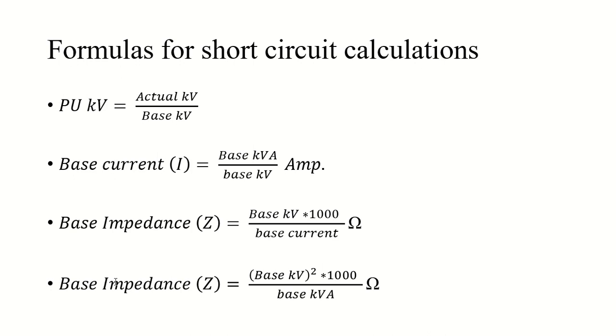In the same way, you can find the base impedance by base kV square divided by base kVA, and again multiplication with 1000 for the same reasons. Now you might think there is a square here, so don't we have to multiply with 10,000? No. Why? Because in the numerator we have base kV square, but in the denominator we have base kVA.